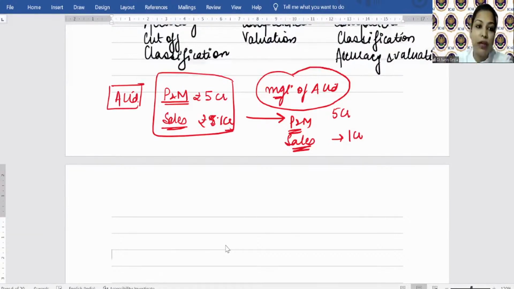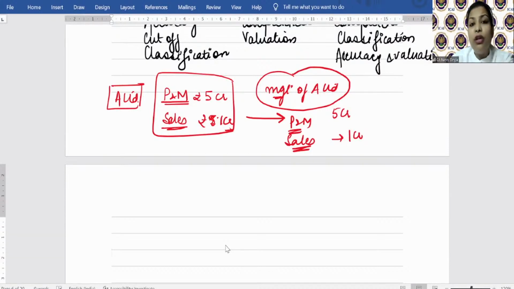What is the option available? Will the management of A Limited get it printed in the newspaper? Or will the management pick up the mic and start announcing that, listen, A Limited is having plant and machinery and sales? No, nothing like that will happen. But what is the option available?